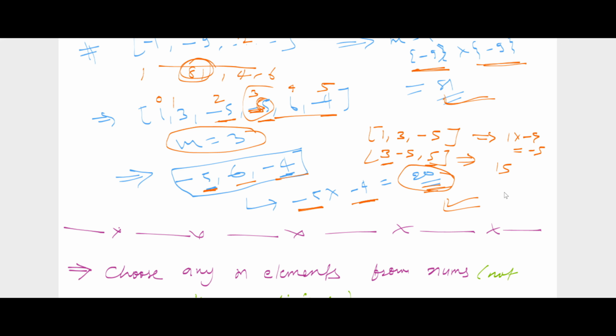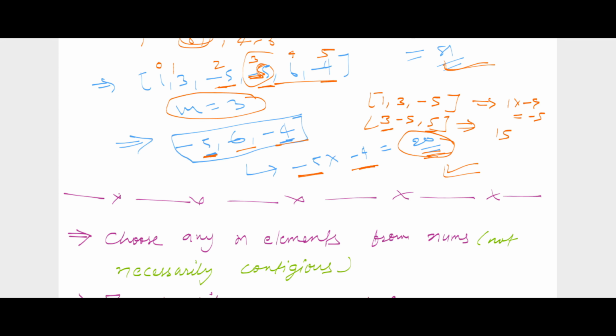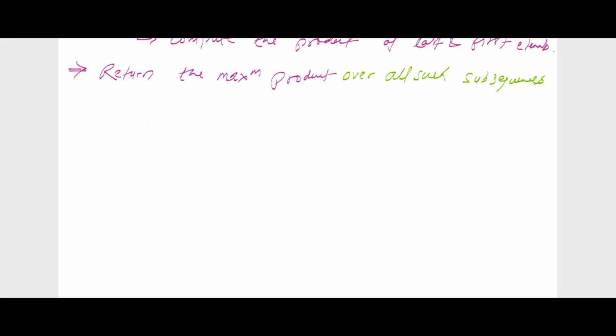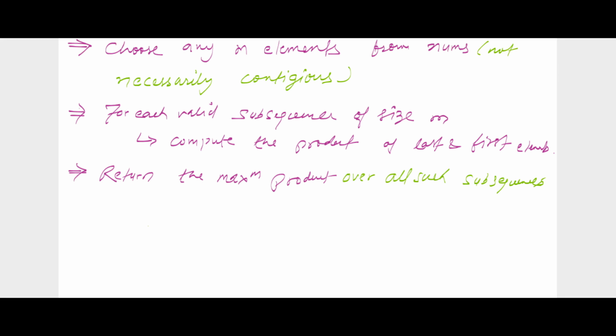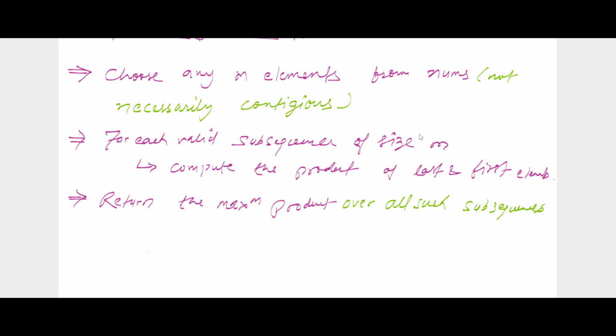Okay, let me go further down. Now the question you have to understand: we have to choose any m elements from nums, not necessarily contiguous. We have seen the second example, we do not require it to be continuous.